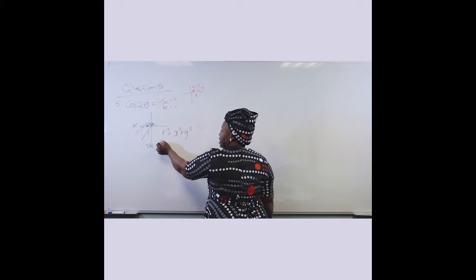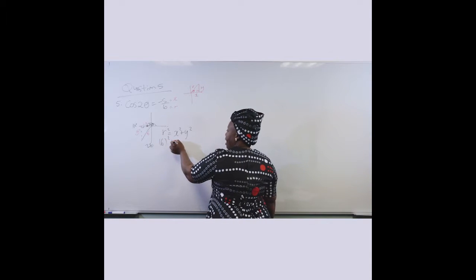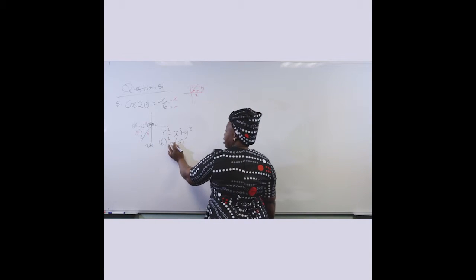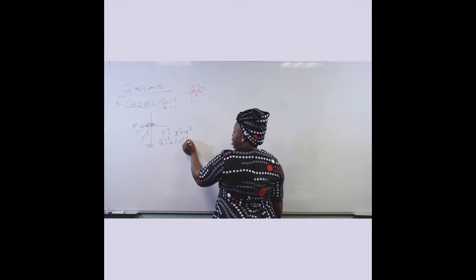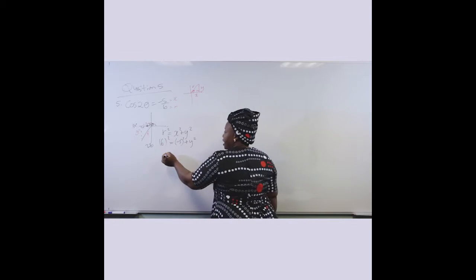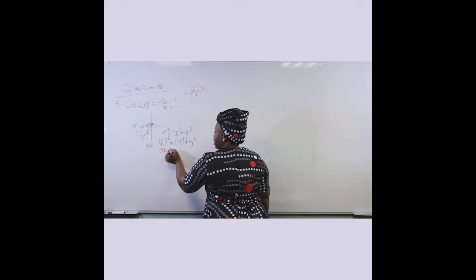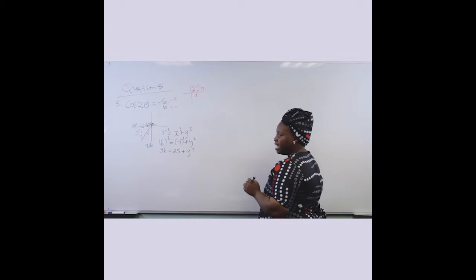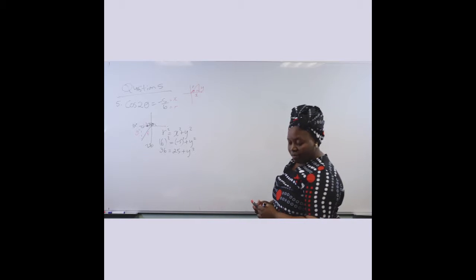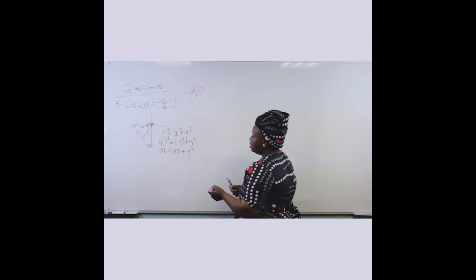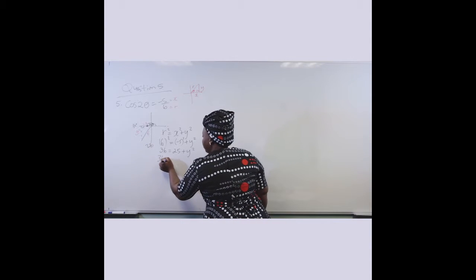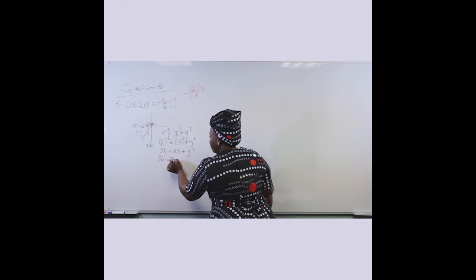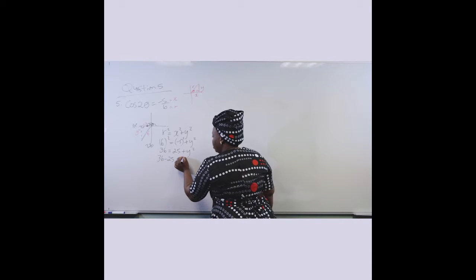So our r is 6 and our x is negative 5. We are looking for y. This is 36 equals 25 plus y squared. So 36 minus 25 equals y squared.